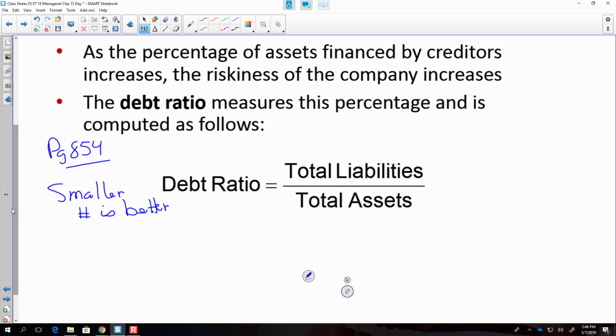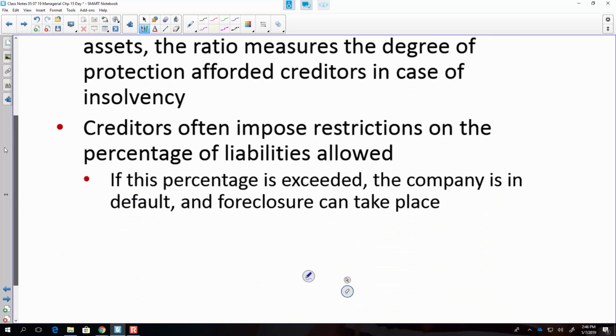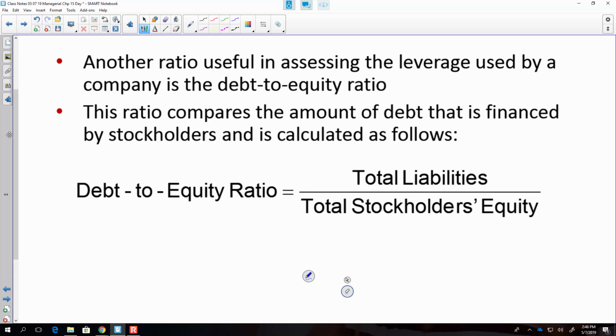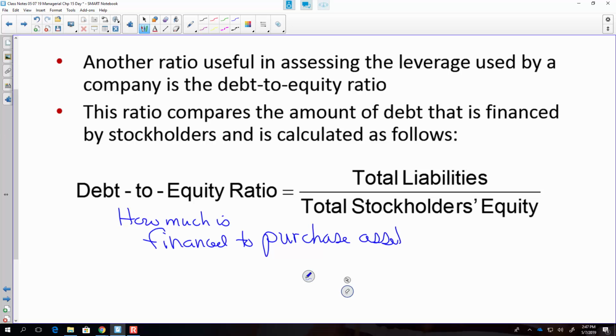Because also on page 854, they talk about the debt to equity ratio. And that is total liabilities over equity, right? Stockholders' equity. So how much is financed by debt to purchase assets, and how much of it is coming from our stockholders' equity in the form of stock, sale of stock.